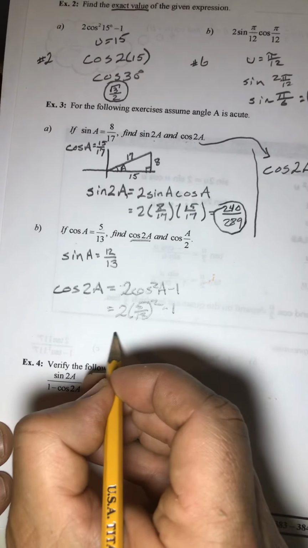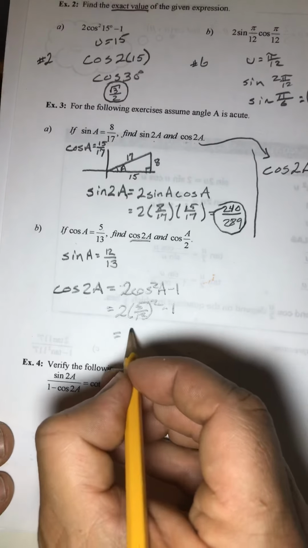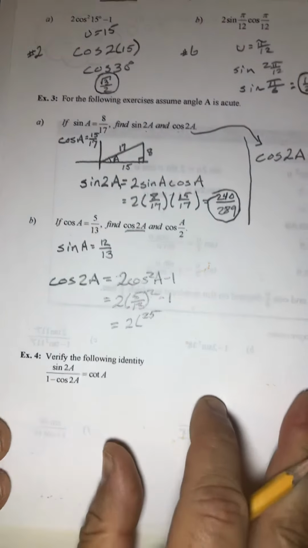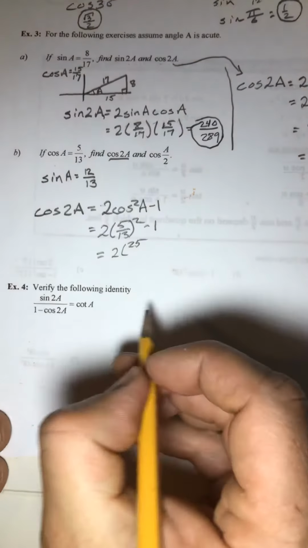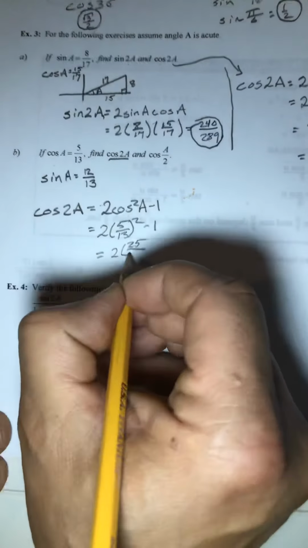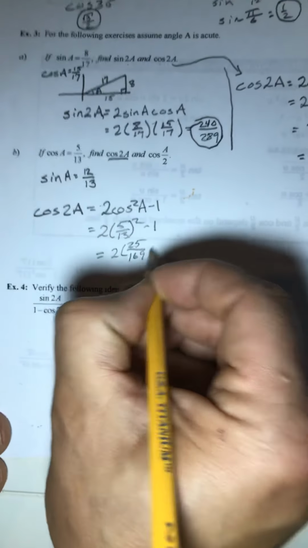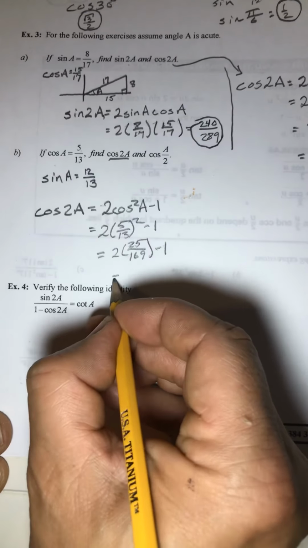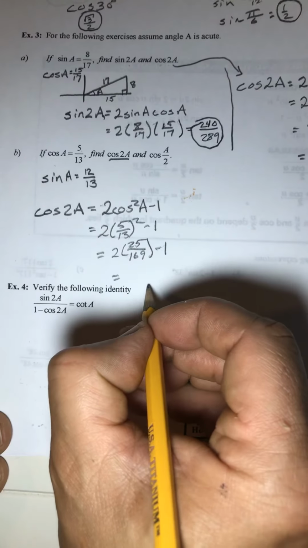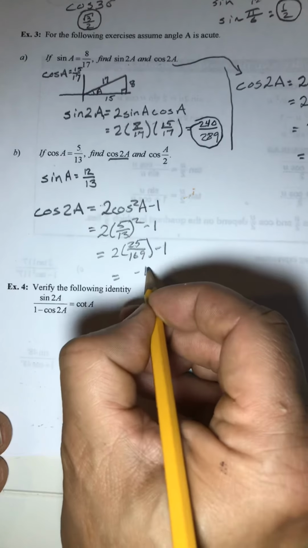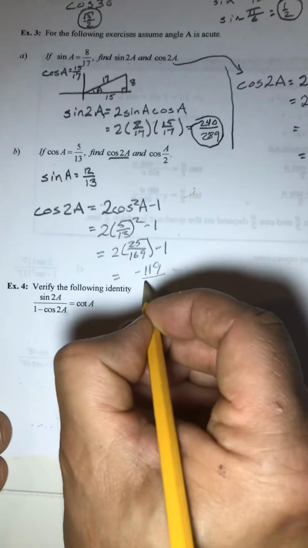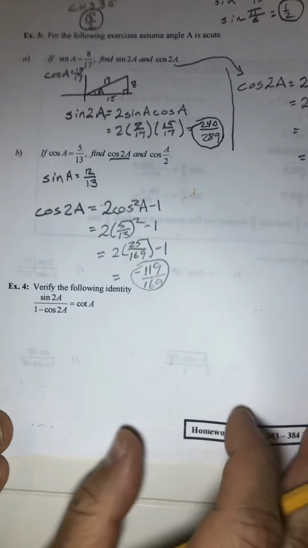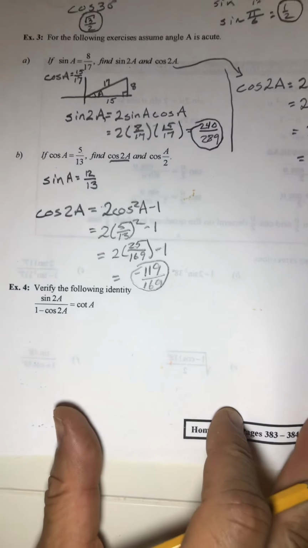We end up with 2 times 25 over 169. Subtract 1. Very carefully, you're going to end up with a negative 119 over 169. So that's the double angle.